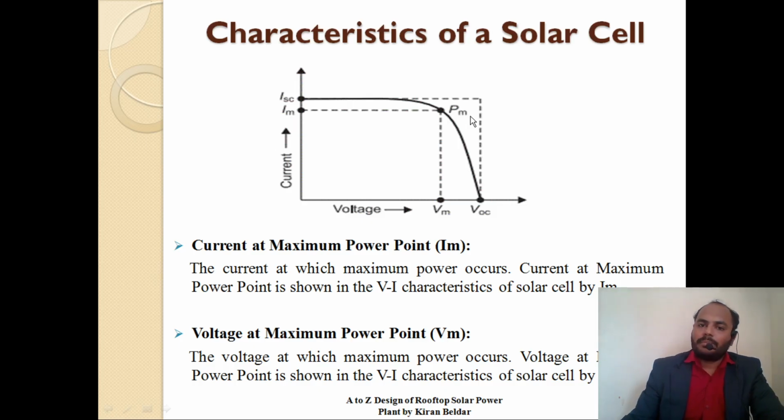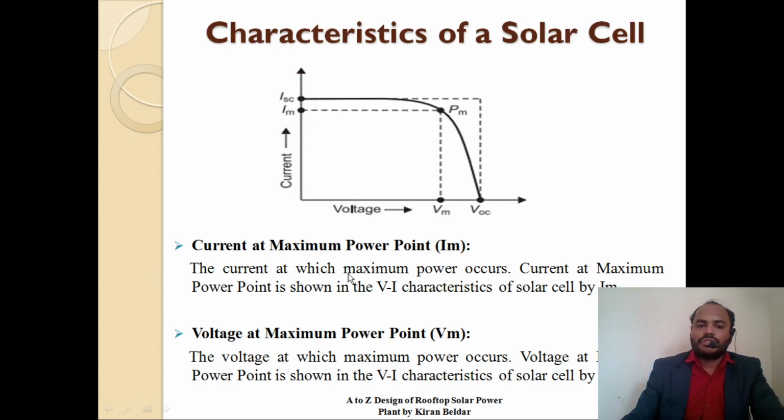The maximum power point phenomenon is very important while choosing a solar panel. This power point we can get from the MPPT analysis of an inverter. In later lectures, we will discuss how to get maximum power from a solar panel. Next is the current at maximum power point, that is Im.